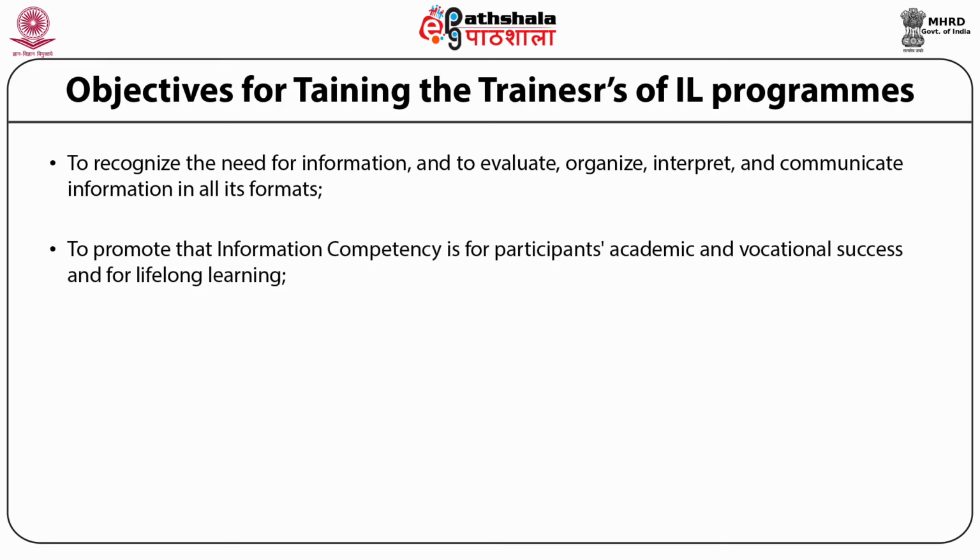To promote that information competency is for participants' academic and vocational success and for lifelong learning. By providing the training to the librarians, it will ultimately enhance their capabilities to provide the users information and meet their information needs, as well as their personal and professional development and lifelong learning.